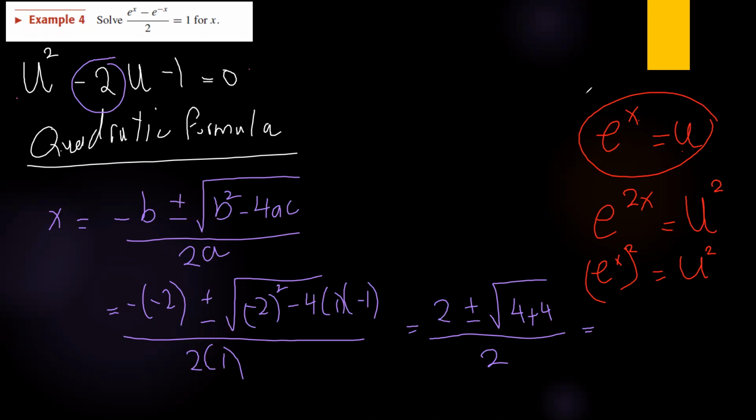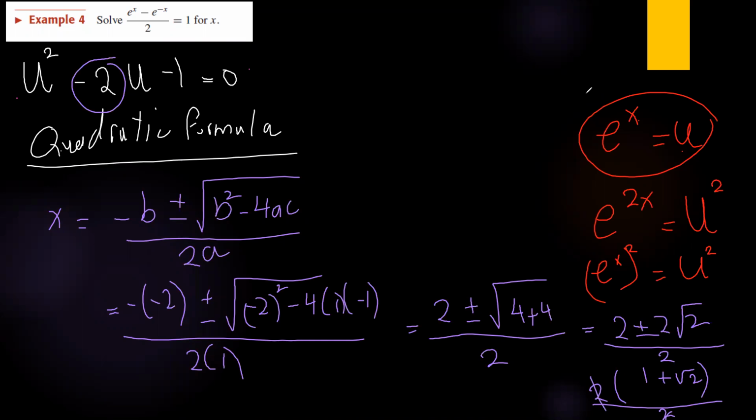So we have the solutions as 2 plus or minus square root of 8, which is square root of 4 times 2, so 2 square root of 2, over 2. Take 2 as a common factor, so we have 1 plus square root of 2 over 2.